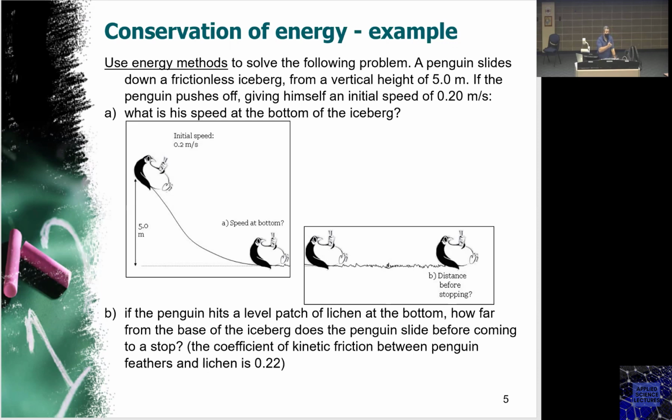Then this force is going to act on the penguin, causing him to decelerate, or apply an acceleration in the opposite direction of the motion, causing him to slow down till he stops. So the speed right at the end of the displacement would be 0, which means his kinetic energy would be 0, right?